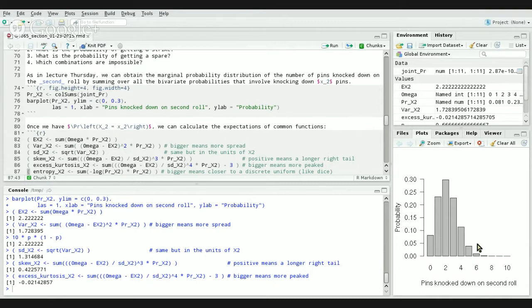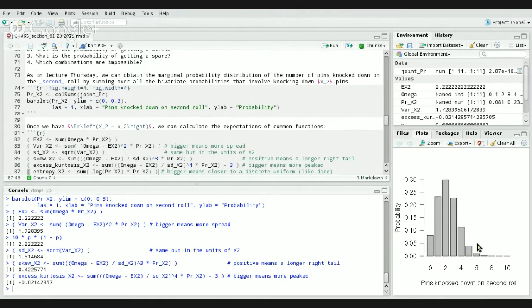It can be the numbers 1, 2, 3, 4, 5, 6, each with probability 1/6. So when all the elements of your sample space have the same probability for a discrete distribution, that is a discrete uniform distribution, and that maximizes the entropy.